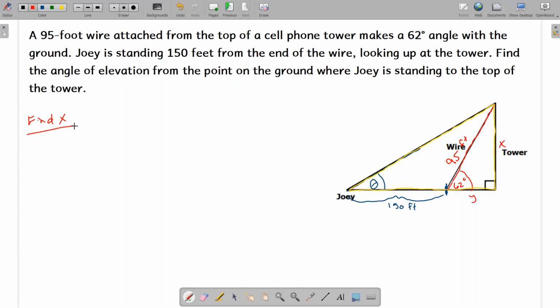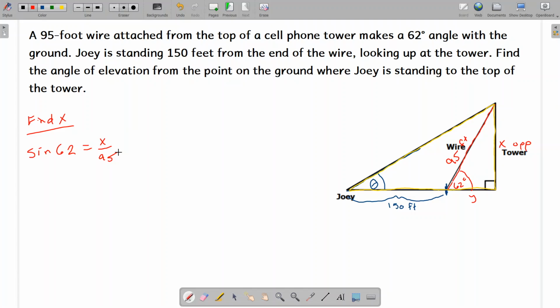Find x. So if we're finding x, x would be the opposite side of this smaller triangle we're looking at, and 95 feet, that wire, is going to be the hypotenuse. So that means we should use sine. So sine of 62 is going to be equal to x over 95.